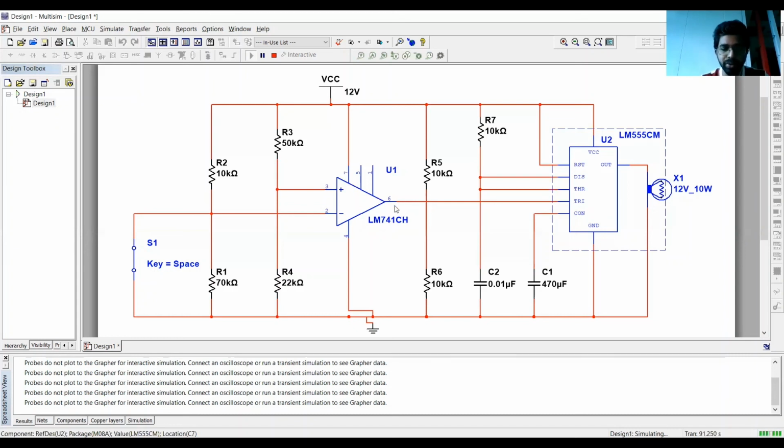This fails to trigger the timer, so there is no output from the timer. So the bulb will be switched off and won't glow.